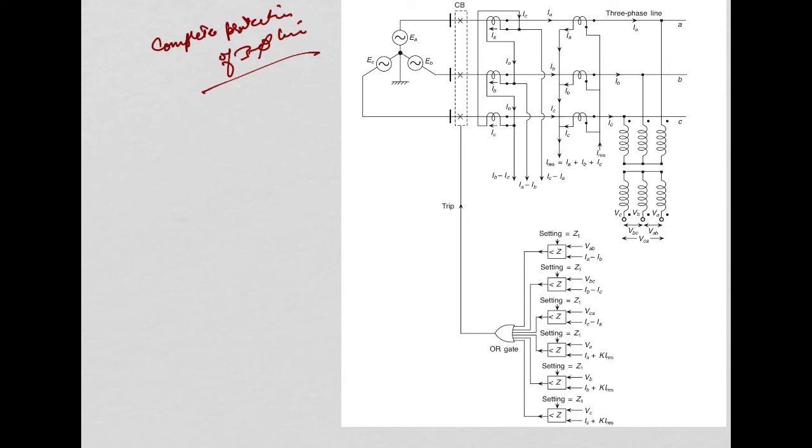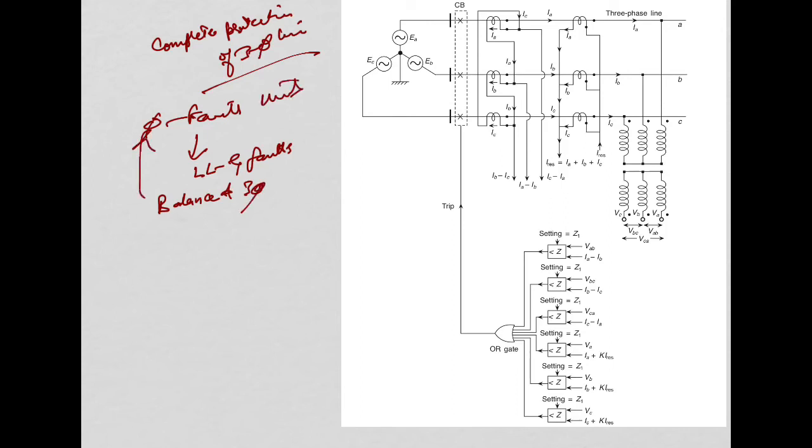It can be shown that the phase fault units also cater to the corresponding double line to ground faults. And in the case of balanced three-phase fault, again, all the phase fault units will respond.